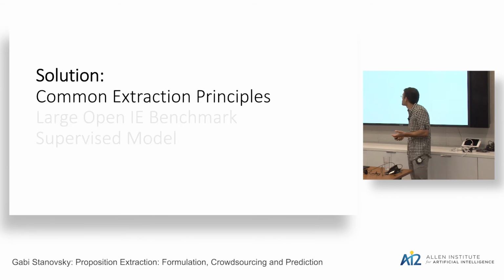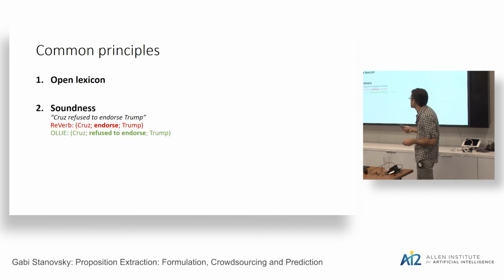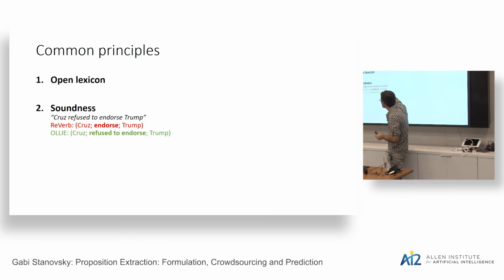The first part of the solution is, as I said, to identify common extraction principles. First, I think underlying all OpenIE work is that you should have an open lexicon. You shouldn't ground it to some specific meaning representation. Second, the extractions should stand by themselves and be correct with respect to the sentence. So if you look at the sentence, Cruz refused to endorse Trump.